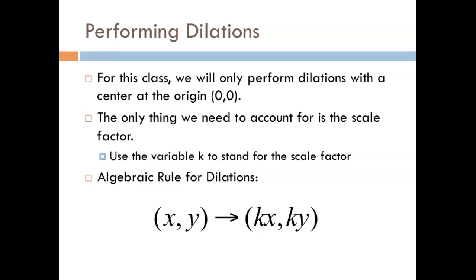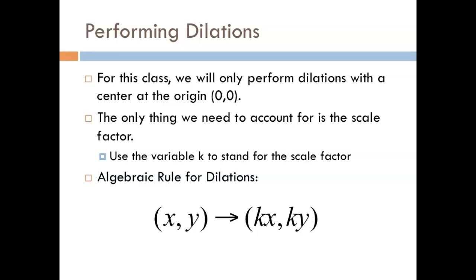The only thing that we'll need to account for is going to be the scale factor. So we'll use the variable k to stand for the scale factor. Now the algebraic rule for dilations is going to be (x, y) transforms into (kx, ky). So in other words, you will multiply both the x and the y by the scale factor.